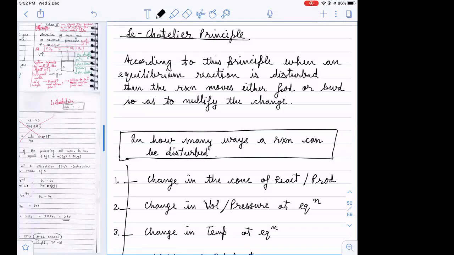Is Utkarsh also here with us? Utkarsh, is it you? Okay, Utkarsh. But why can't you speak? We are not able to hear you.